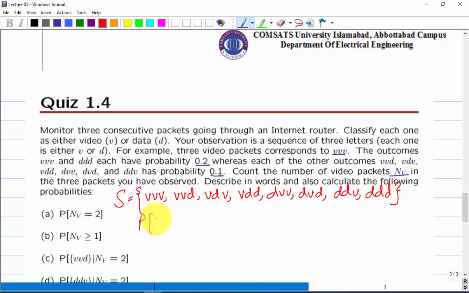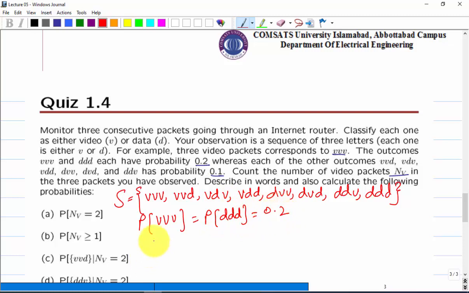Probability of VVV is equal to the probability of the same packets DDD, which is equal to 0.2.